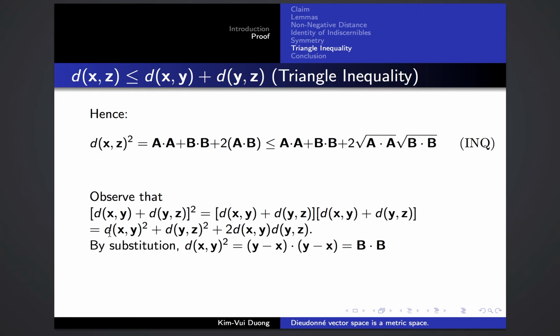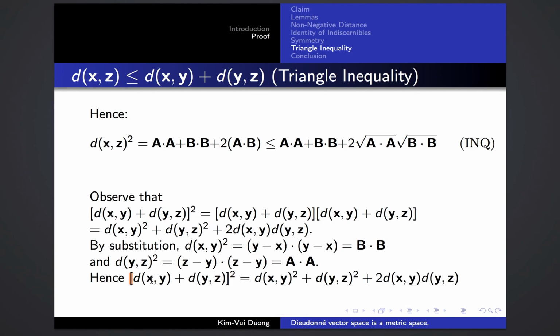By substitution, the distance of xy squared, which is equal to y minus x dot y minus x, is actually equal to B dot B. And the distance of yz squared is equal to z minus y dot z minus y, and is equal to A dot A. Hence, the quantity squared, FOILed, by subbing in what we know, is equal to A dot A plus B dot B plus 2 times the magnitude of A times the magnitude of B. And lo and behold, that is on the right side of our inequality.